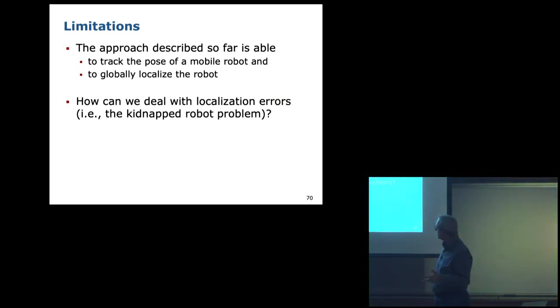There are extensions for dealing with localization errors. The kidnapped robot problem, that's popular in robot soccer, where you take the robot and put it in another place, and the robot has to figure out that it made an error, or that it's somewhere else now. There are several ways of doing this. People have started modifying the particle filter algorithm, but that's actually the wrong way.